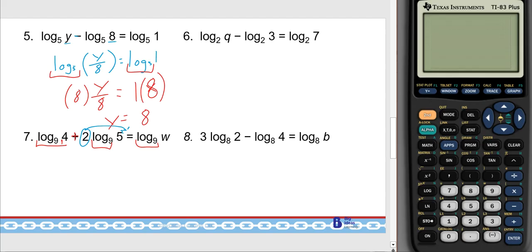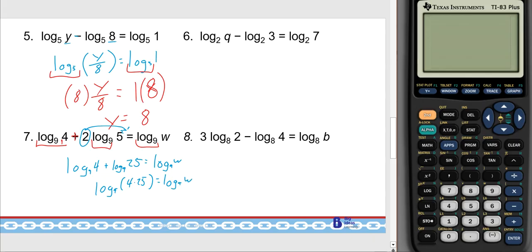So I'll have log base 9 of 4 plus log base 9 of 5 squared, which is 25, equals log base 9 of w. Now I can apply that product property, because I have log base 9 on everything in my equation. So product property says log base 9 of 4 times 25 is equal to log base 9 of w.